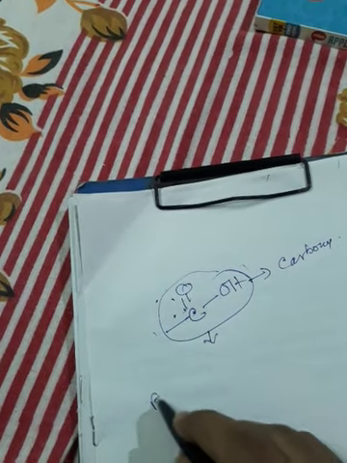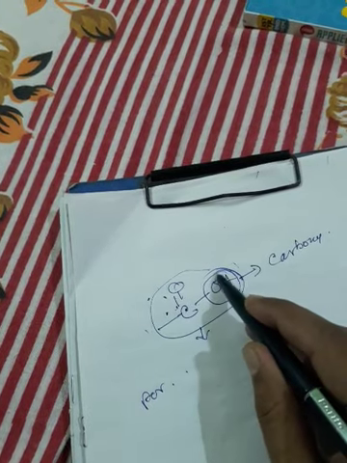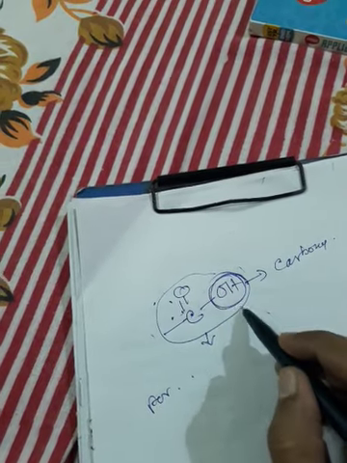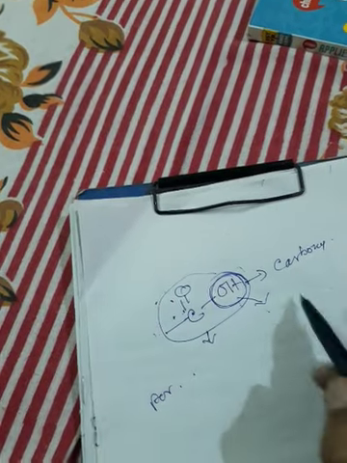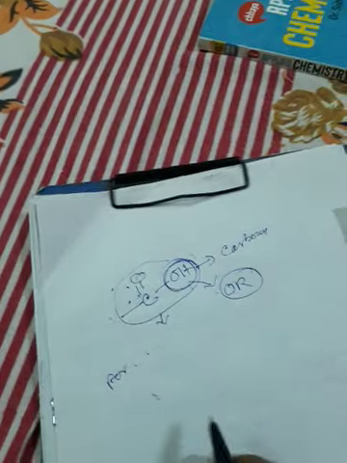Now, for ester, the general formula is when the hydroxyl group of carboxylic acid is replaced by an alkoxy group, then this group is called ester.